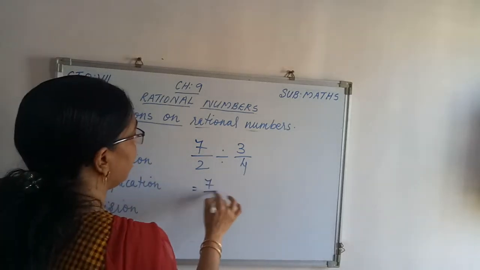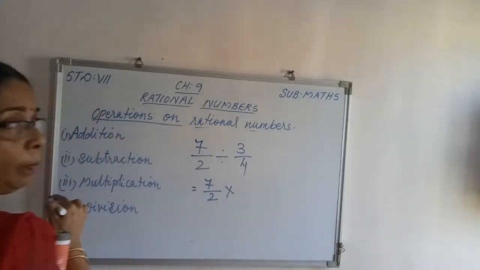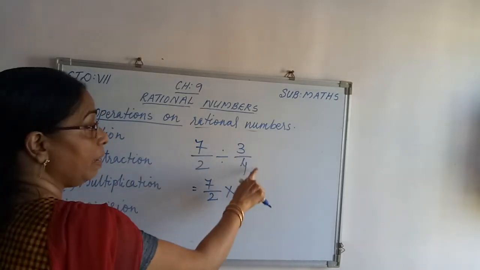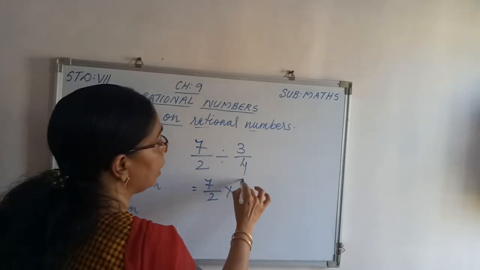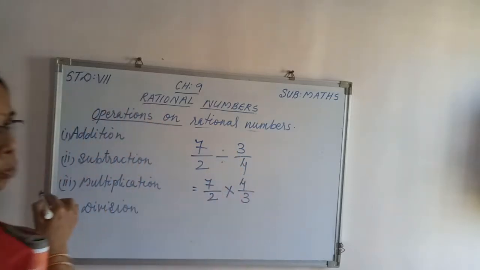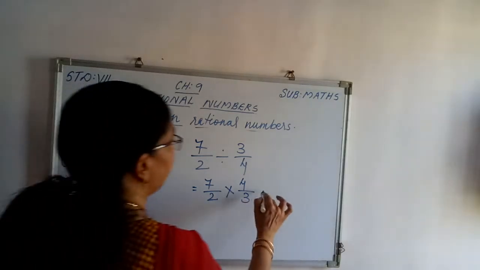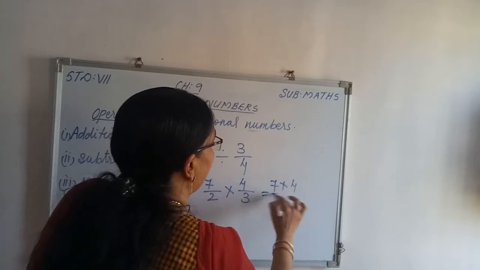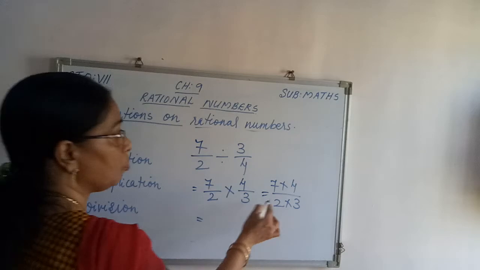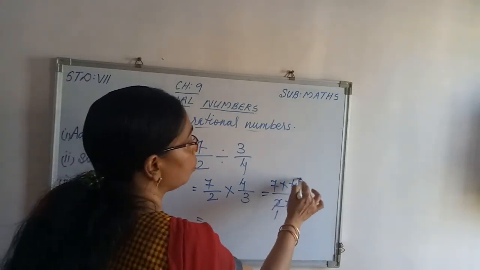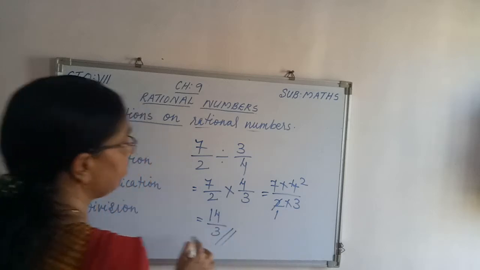The dividend we keep as it is, then division changes to multiplication, and the reciprocal or multiplicative inverse of 3/4 is 4/3, numerator and denominator interchanged. Now 7 into 4 upon 2 into 3. We can do the simplification if it is possible. 2 ones are 2, 2 twos are 4. Then 7 twos are 14/3. This is the answer.